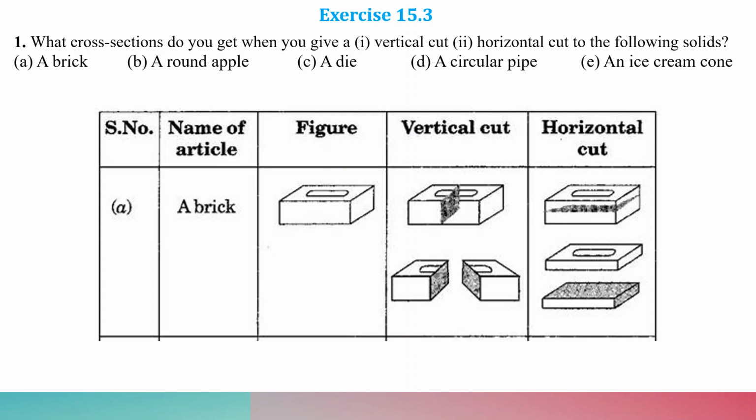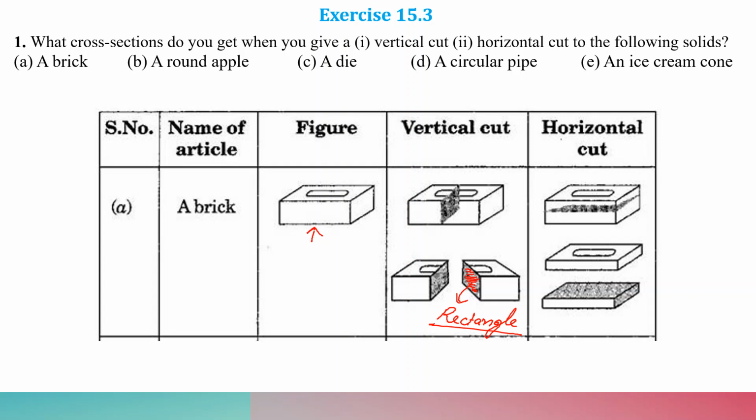The first one is a brick. So horizontal cut and vertical cut. You can see we have taken a brick over here. Once we make a vertical cut, from top to bottom, we will get the cross sectional part over here. You can see that this is rectangular in shape, so we'll get a rectangular cross section.